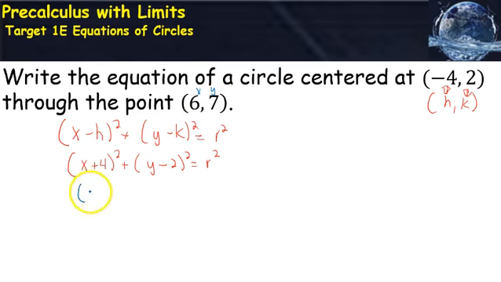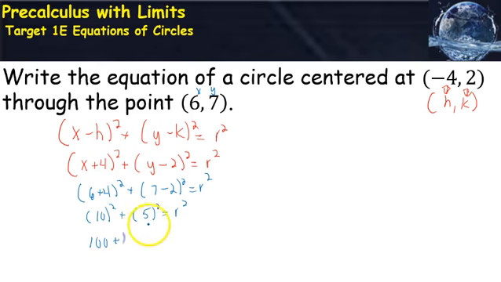So x is 6, so (6 + 4)² + (7 - 2)² = r². So 6 plus 4 is 10, and 7 minus 2 is 5. So I have 10 squared and 5 squared. That's 100 plus 25. So I get r squared is 125.